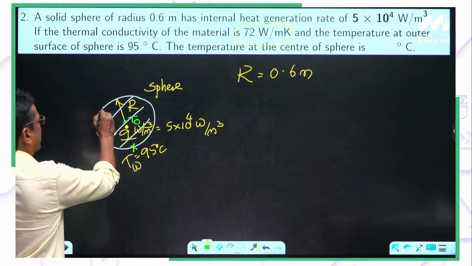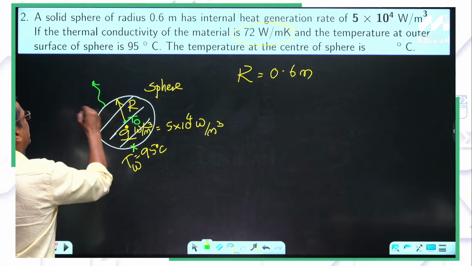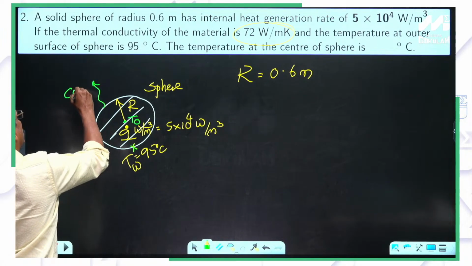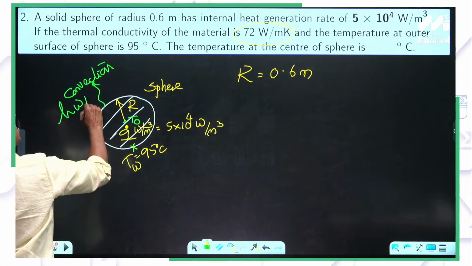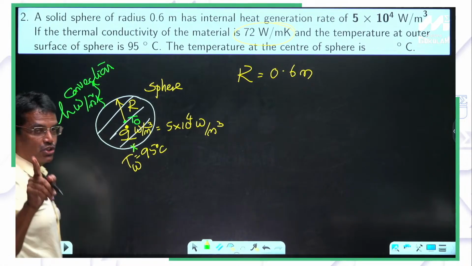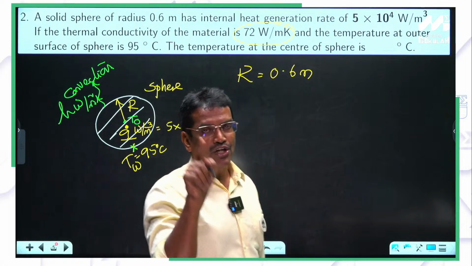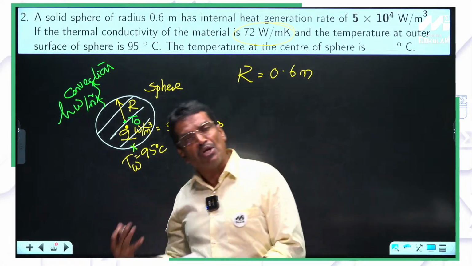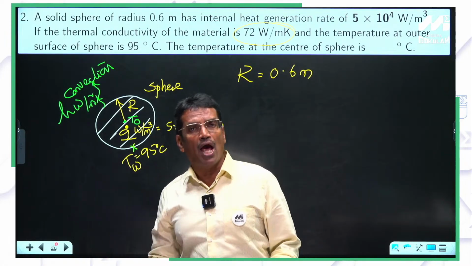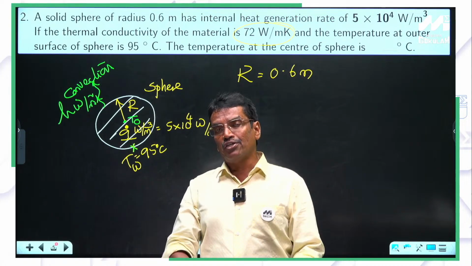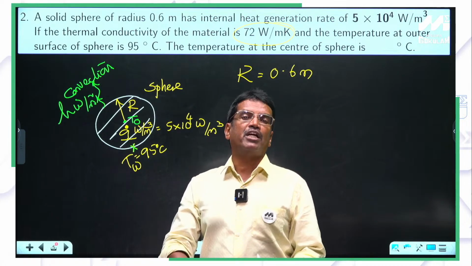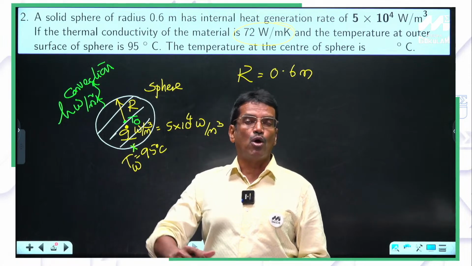Under steady state conditions, all the heat generated inside the sphere must be transferred by convection, with H in watt per meter square Kelvin. Whenever there is heat generation in any body, maybe a sphere, cylinder or slab, to maintain steady state, all the heat generated in the entire body must be convected from the surface of the body to the fluid.